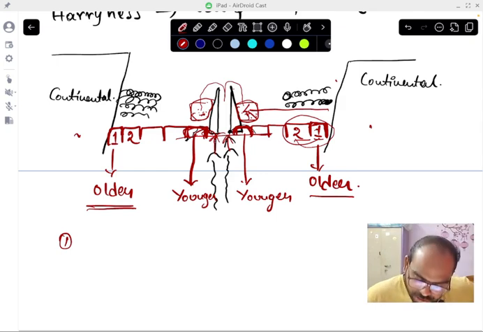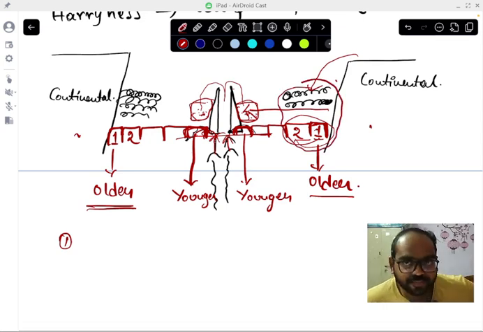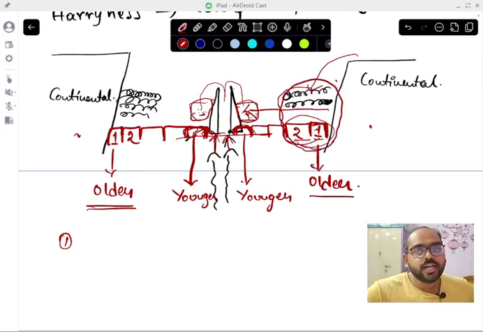Due to the sedimentation happening, the continental crust is much thicker, and the rocks formed in the initial phase, the older rocks, will come under the influence of the continental shelf. Then they become part of the continental crust.